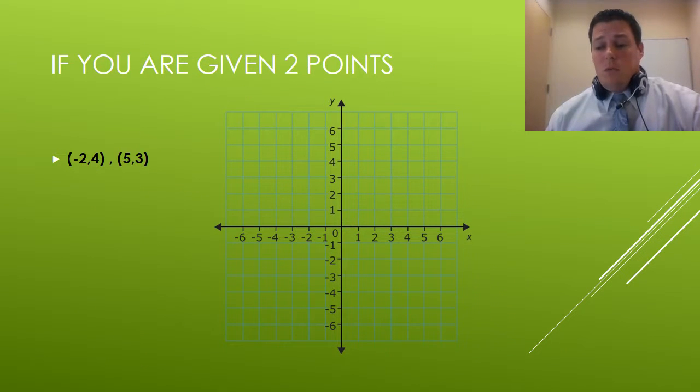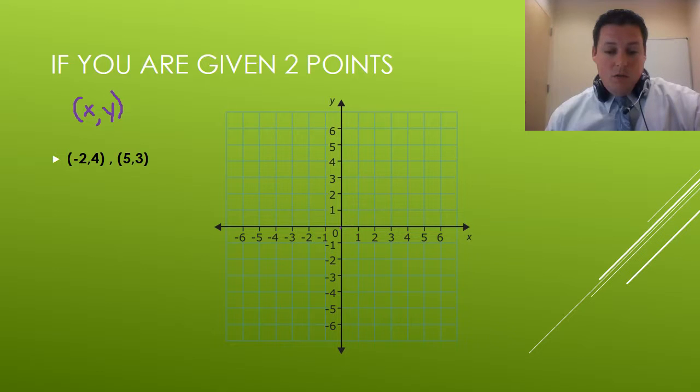If we're given 2 points, this is the best case scenario. We just plot the points and draw a line through it. So here we have -2, 4. Remember, our coordinates are in x and y. So the -2 is going in the x direction and the 4 is going in the y direction.